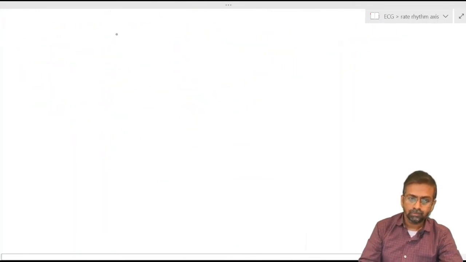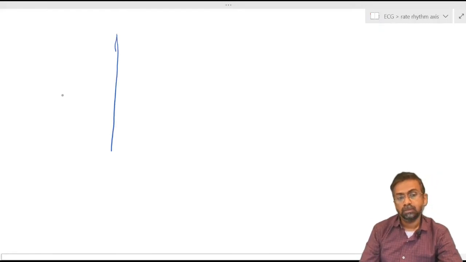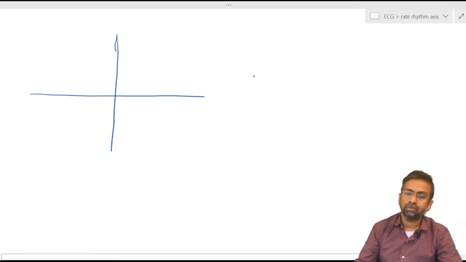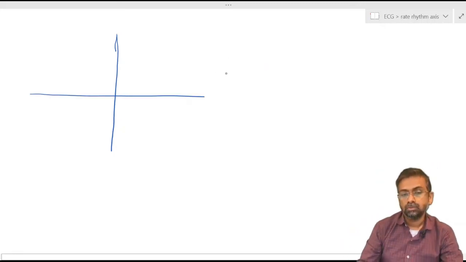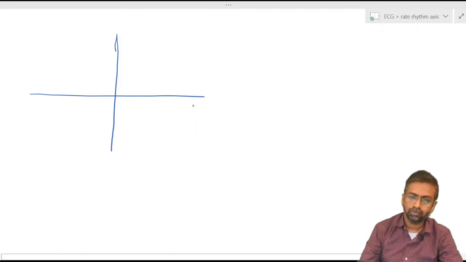For that you need a graph paper and you need to plot the ECG on that graph paper. You need to actually plot the resultant deflection on that graph paper. Okay, you must have seen a graph paper when you were at school.